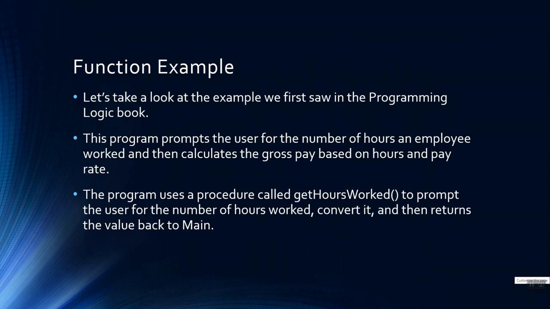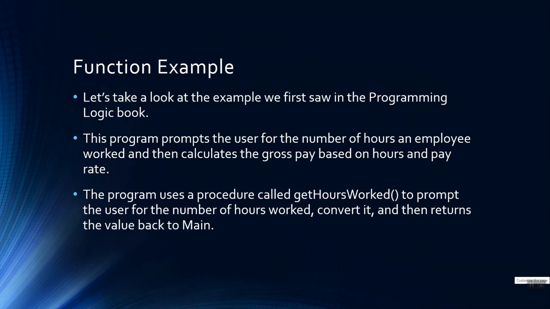So we're going to take a look at an example we saw earlier in the programming logic book. This program prompts the user for the number of hours that an employee works and then calculates some things. It calculates the gross pay based on the hours and pay rate. Of course, all these steps are fairly short, and in reality, they could have all been written in sub main.